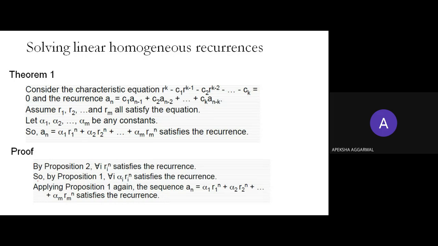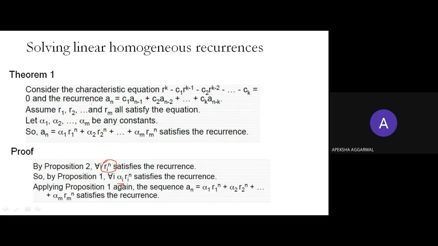Okay, now the proof. By proposition 2, all r to the power n satisfy the recurrence. We have seen in the previous example also that 2 to the power n satisfies the original recurrence. And by proposition 1, we have seen that if you add two solutions, that is fine, and if you multiply by a constant, that is also fine.